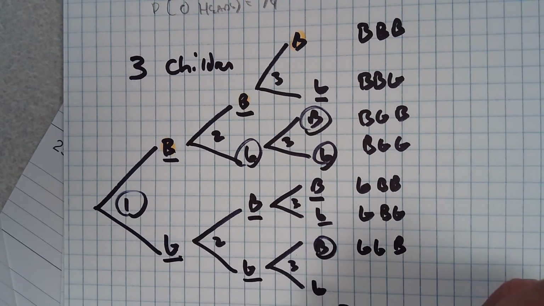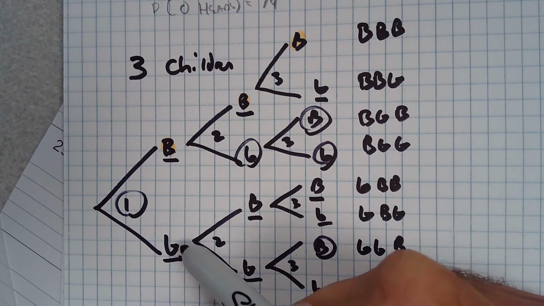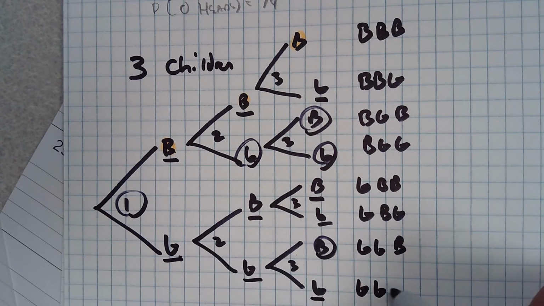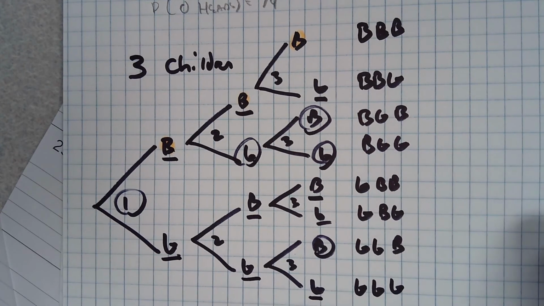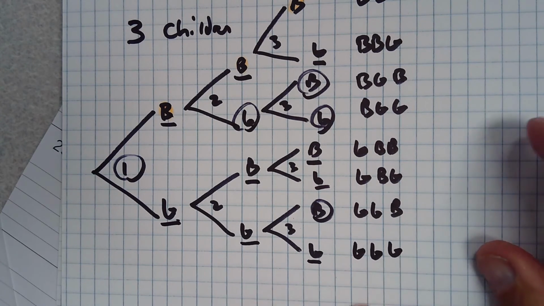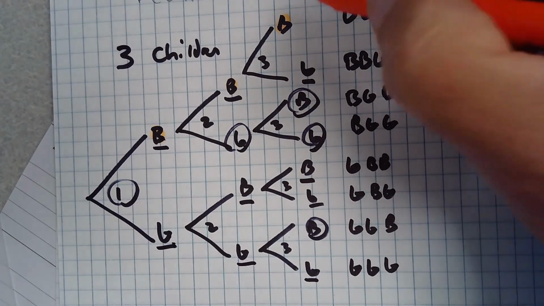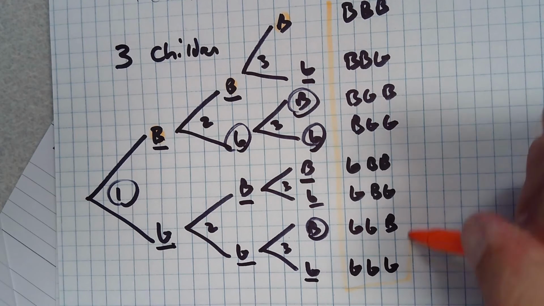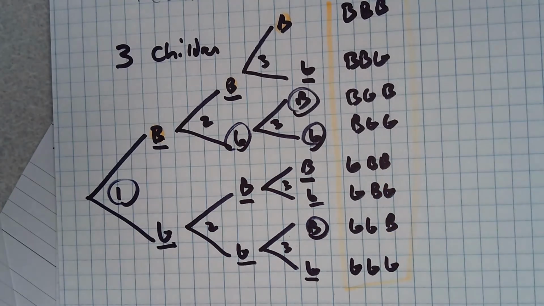And then the last possibility, the reason why I stopped at 2 girls, is because I knew I would have the trifecta of 3 girls, and that would not be good having 4 women in the house. So 3 women is enough. So with 3 children, you have 8 possibilities.